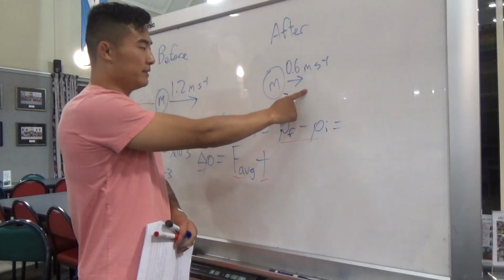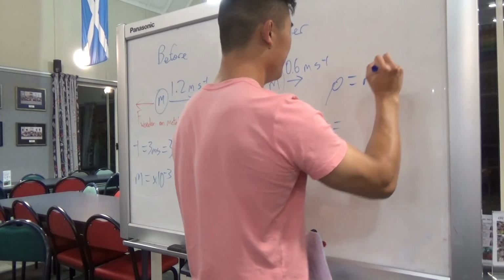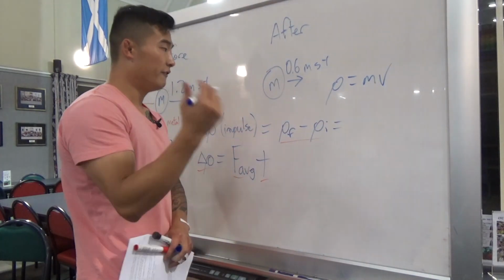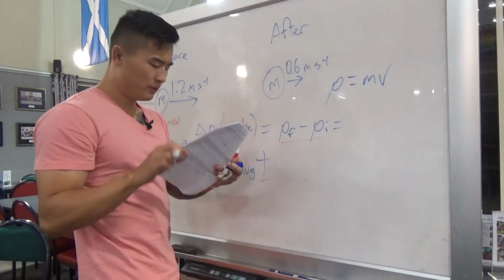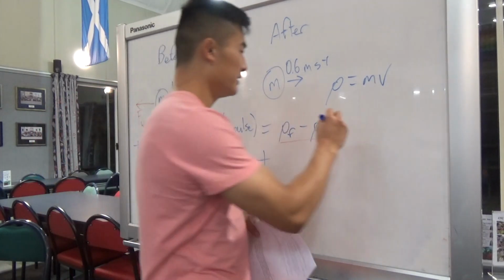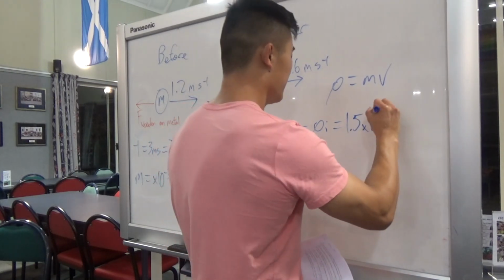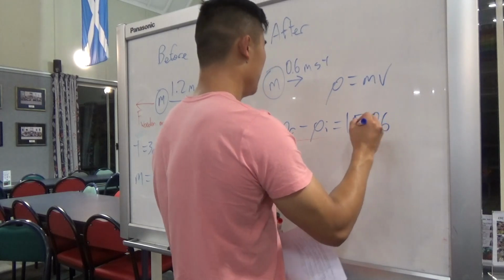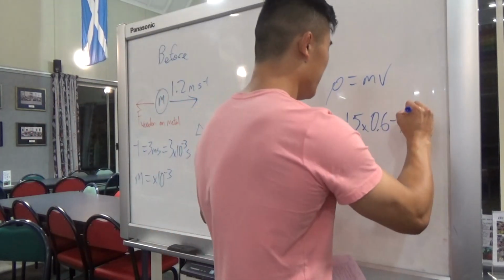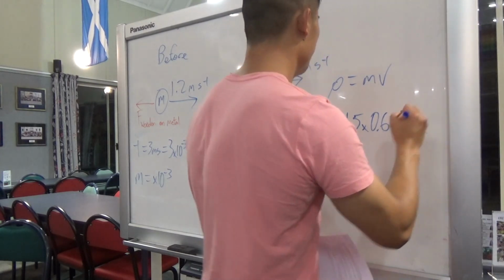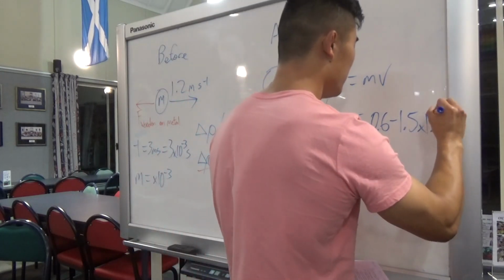So that's the final momentum. Remember that P is equal to mv, mass times velocity. Our final momentum was, so this metal ball was 1.5 kilograms. So 1.5 times 0.6, minus, it's got the same mass, 1.5 times its initial velocity, which was 1.2.